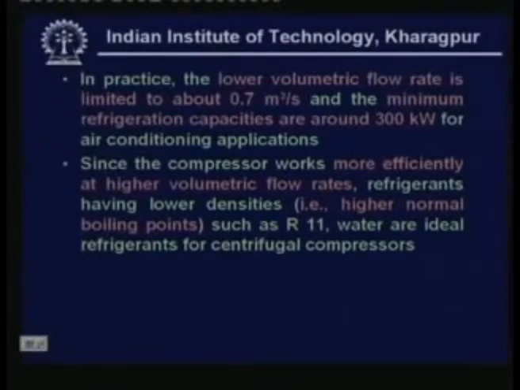Since the compressor works more efficiently at higher volumetric flow rates, refrigerants having lower densities, that means higher normal boiling points such as R11, are ideal refrigerants for centrifugal compressors. So when you are fixing the tip speed, by fixing the tip speed you are fixing, let us say, the normal component. Okay, that means you are fixing the volumetric capacity.